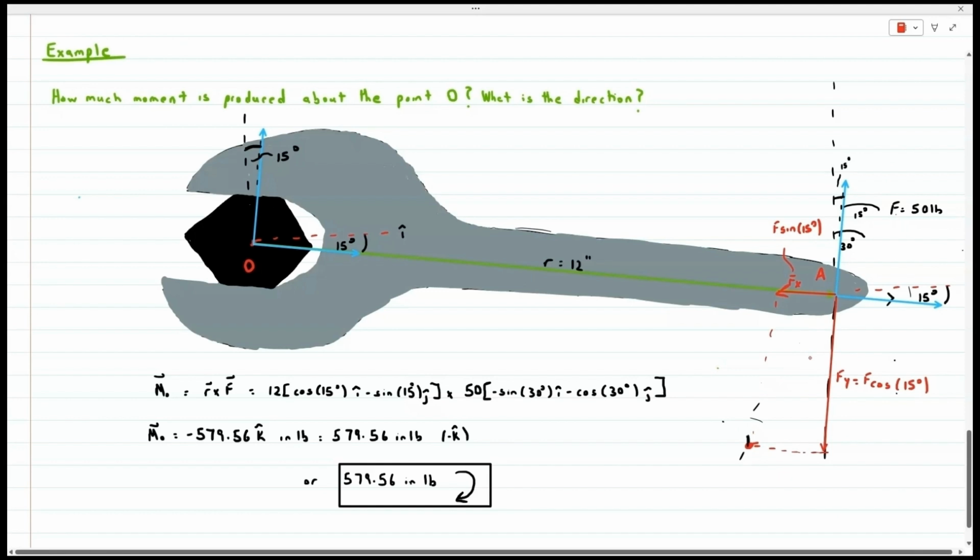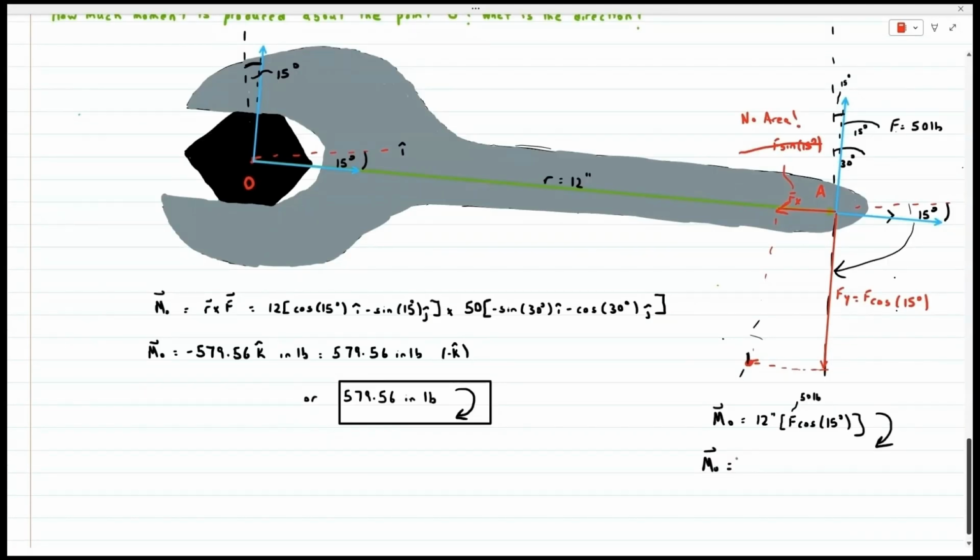It's going to be 12 inches multiplied by F cosine of 15 degrees. And we know what F is, it's 50 pounds. If we find this magnitude, it's going to be 580 inch-pounds, and its direction is clockwise because that force is pulling the position vector downwards or in a clockwise motion.